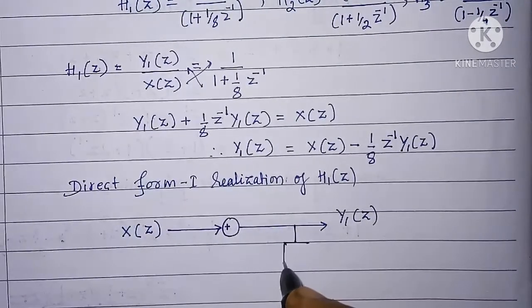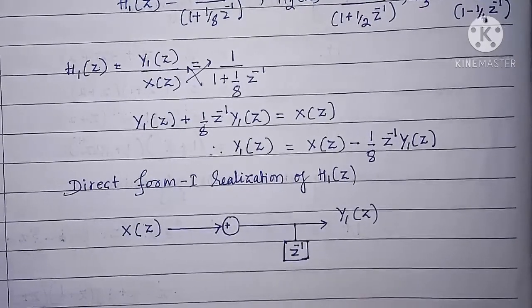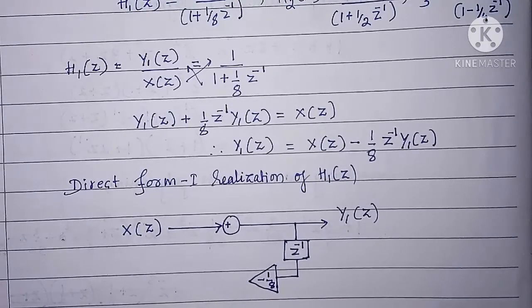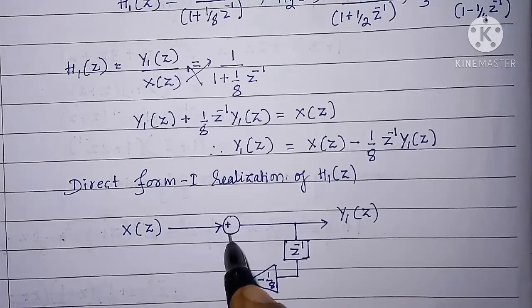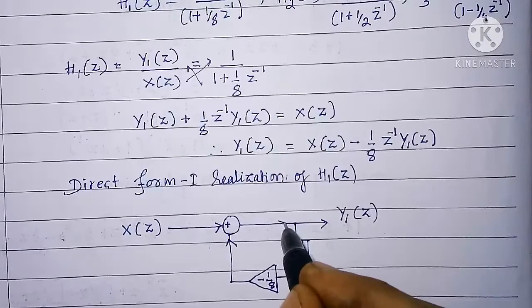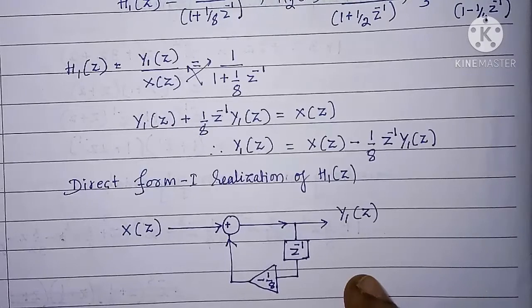Delay this y1 of z by one sample. Then multiply it by a gain of minus 1 by 8. Now it is direct form 1 realization of h1 of z.